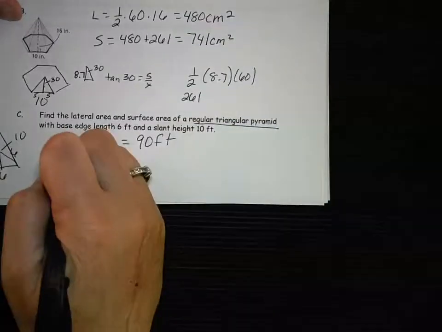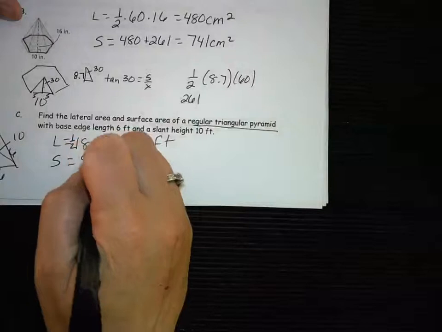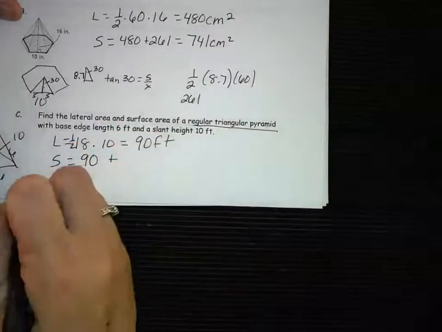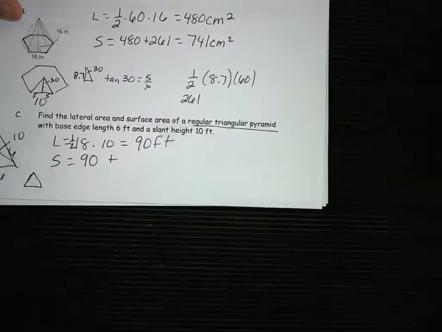And to find the total surface area, we need to take that lateral area and then add the base.